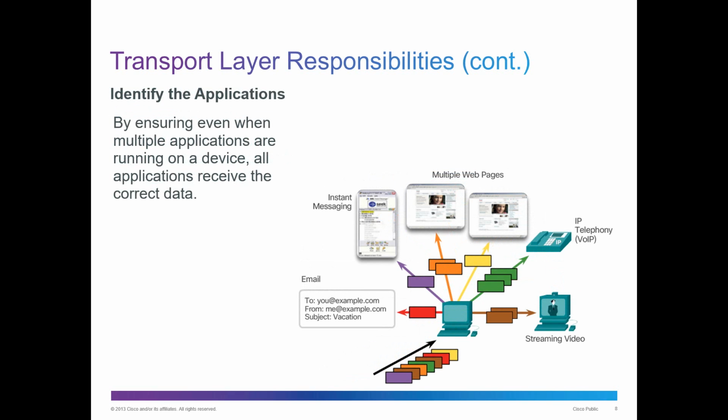Okay, going along with that, making sure that if you have multiple applications running on a device, all applications receive the correct data, because those segments are marked. They have an identifier on them that lets the recipient know which order those segments are supposed to be reassembled in, and which protocol or application should be using that segment that's being sent along the network.